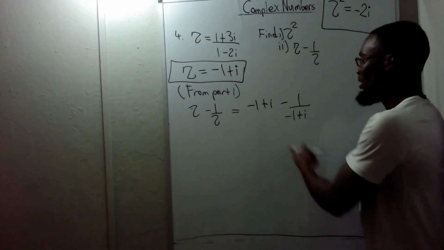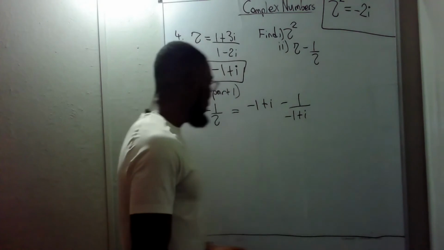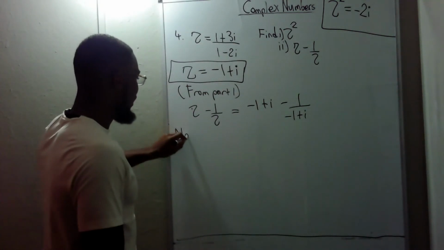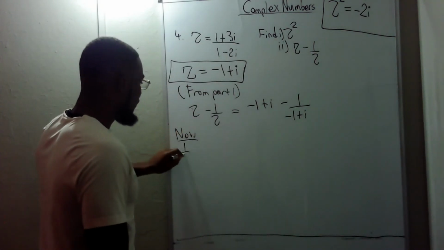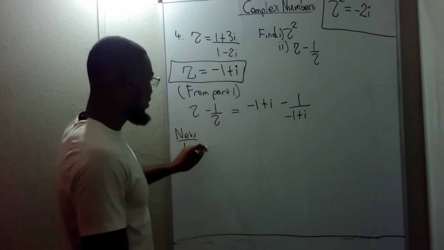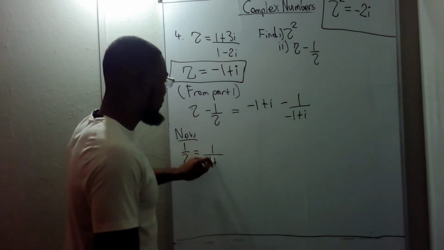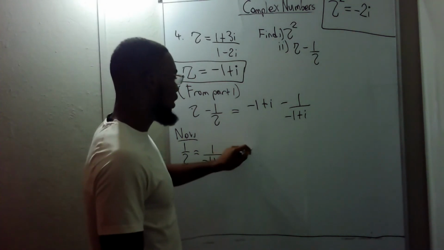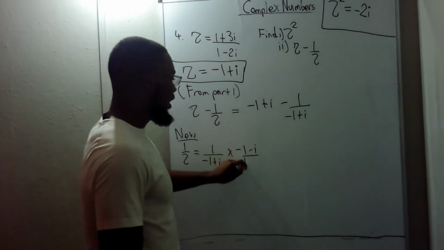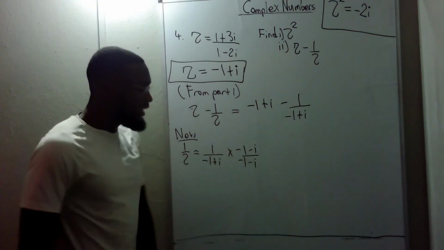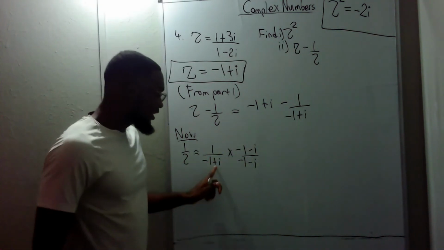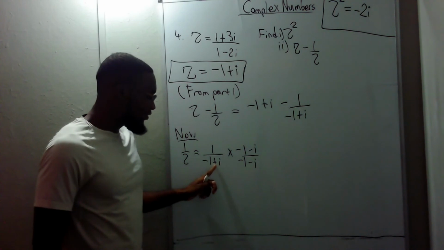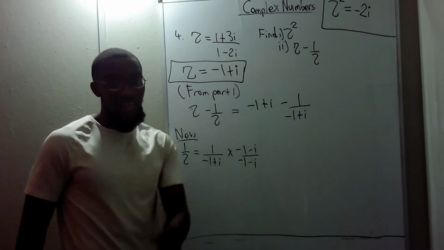No worries, let's work it out here. 1 over z is equal to 1 over minus 1 plus i, and multiply it by the conjugate, which is minus 1 minus i. Anything you do to the numerator, you do to the denominator. Remember, the conjugate is just the sign you change: the plus becomes minus.